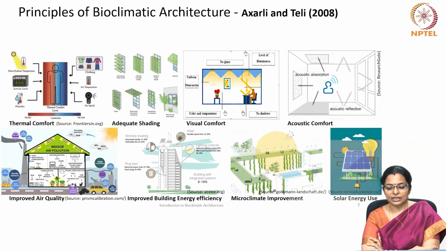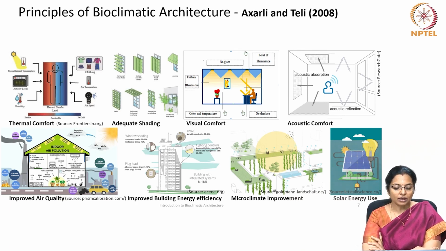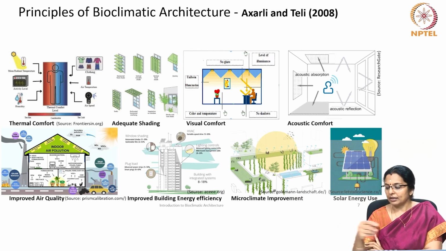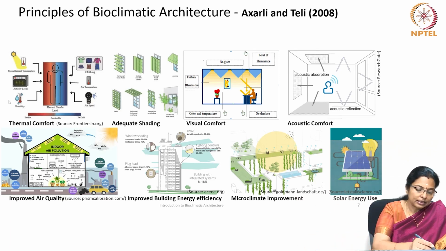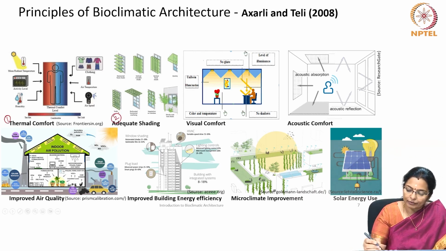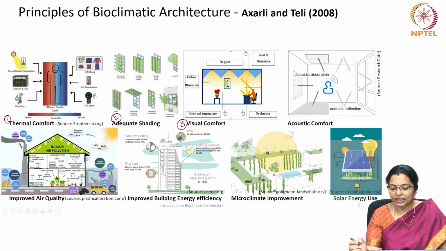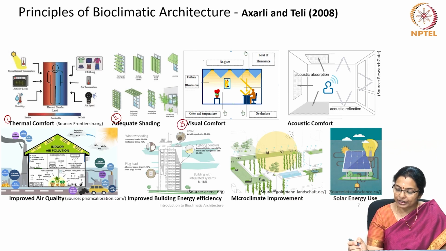So, according to Axerly and Telly, thermal comfort is a very important criteria in bioclimatic architecture. Adequate shading is another important criteria as and when required. Visual comfort through use of appropriate color, temperature, daylighting levels is important.